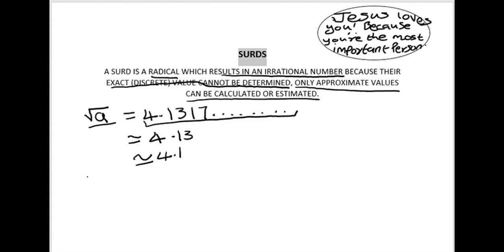But numbers like the root of 25, which will give us just 5, root of 81, which will give us just 9, all these are exact numbers, and therefore they are not surds. So a surd is basically a number that cannot be expressed as a rational number like this.